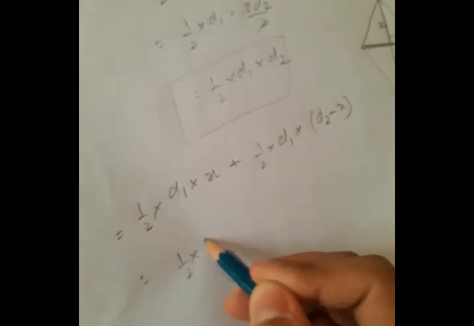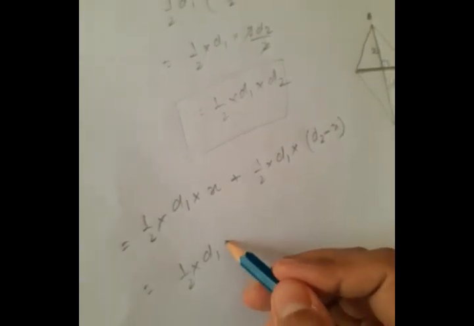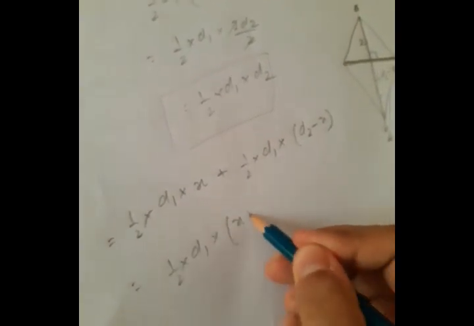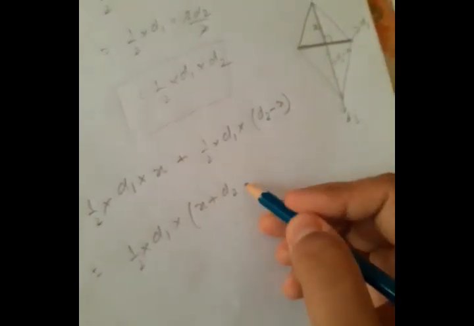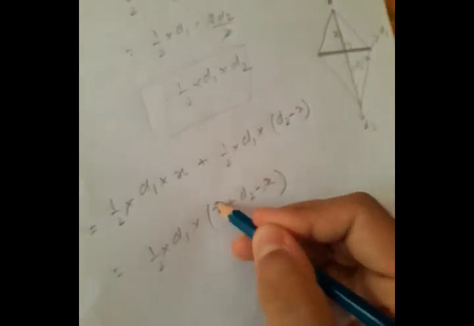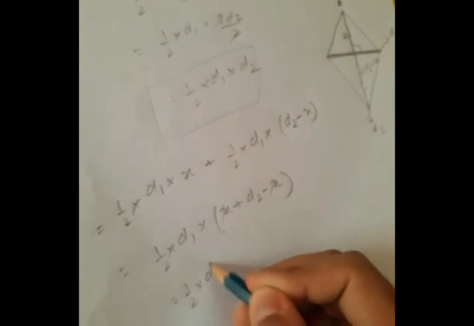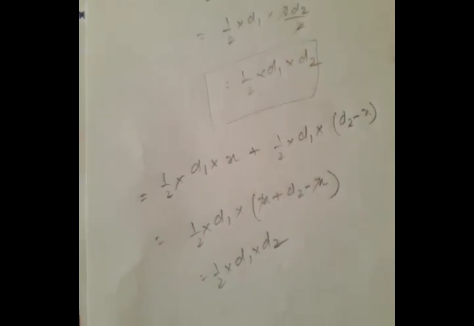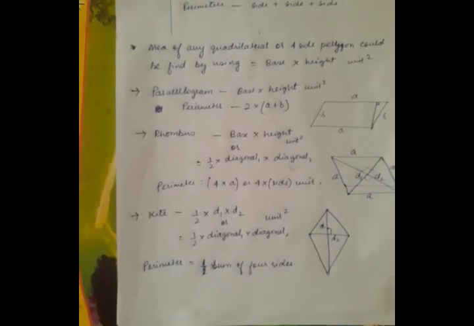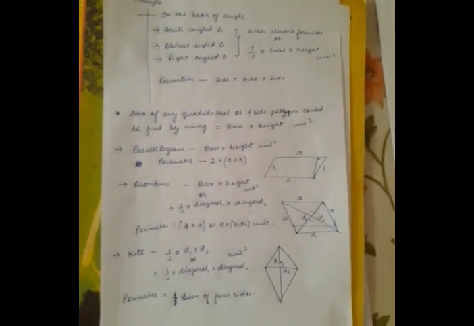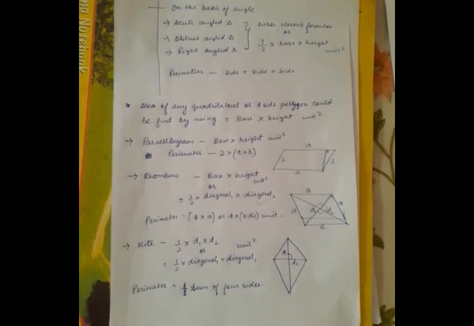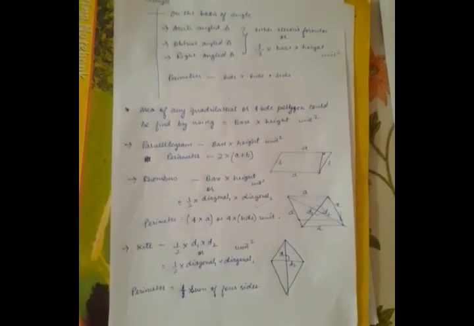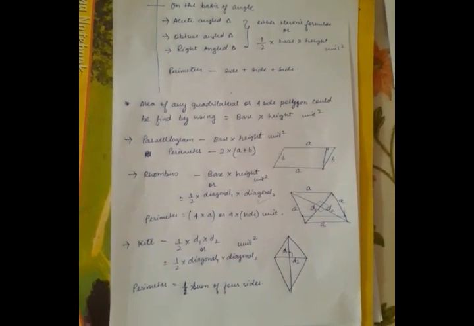So half into d1 into x plus d2 minus x. This is cancelled and here it is d2. Got it? Okay. So this is how the topic of two-dimensional figures and their areas, perimeter, diagonals are completed.